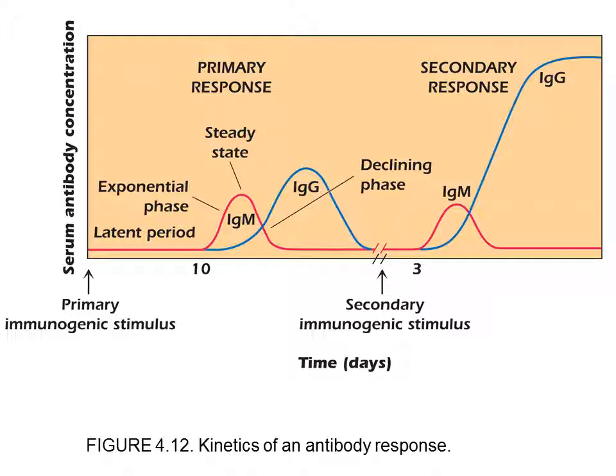You have to give the body time for recognition of antigen, processing of antigen, and making sure it does respond. If you give it for the second time, again IgM will come in as an immediate response, and then your body will produce tons of IgG that should last for the rest of your life.